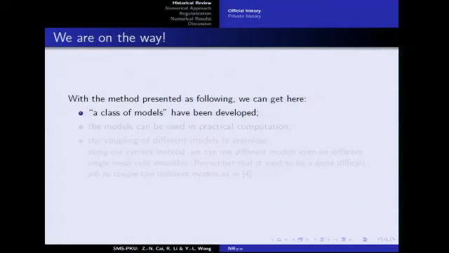The method we developed is called the numeric regularized NRxx method, and we think we are now on the way to this objective. What we can do now is the following: we have a class of models, and these models can be used in practical computations.